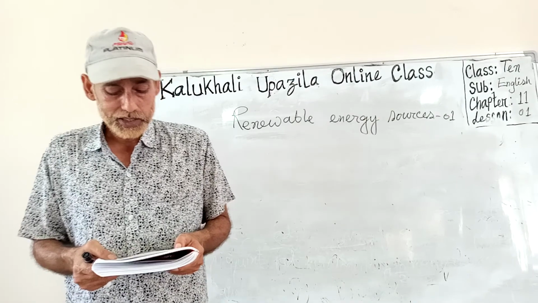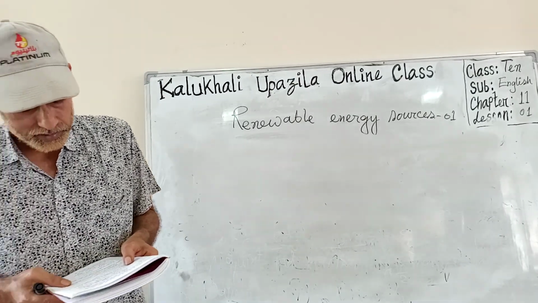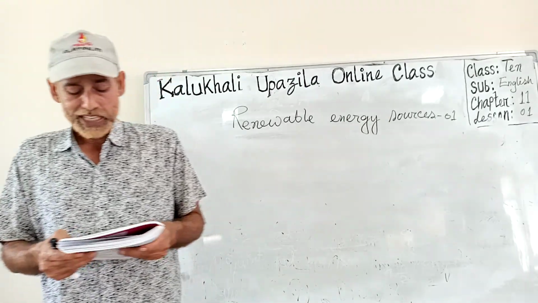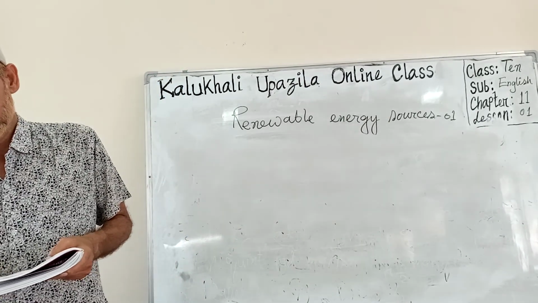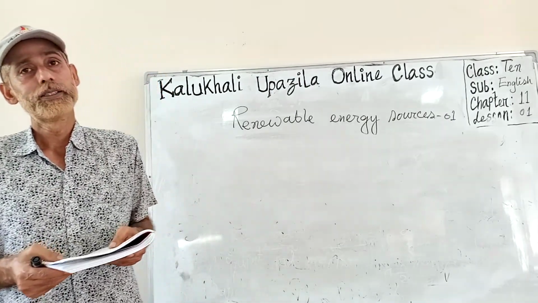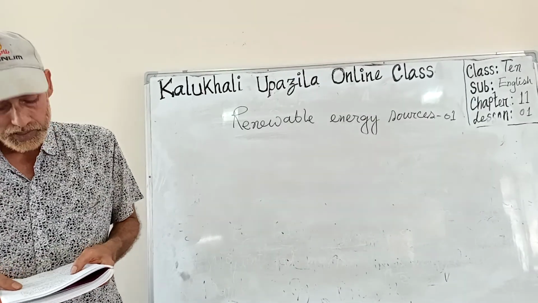Okay. Now in the capital city, the demand was 1,400 megawatt, but the supply was 650 megawatt and the deficit 750 megawatt. Have you completed it? Okay.